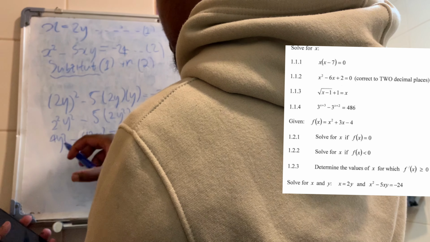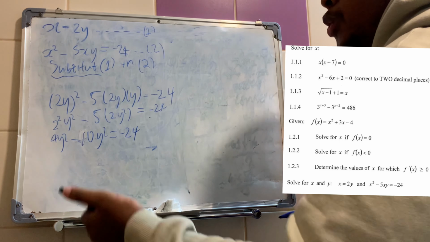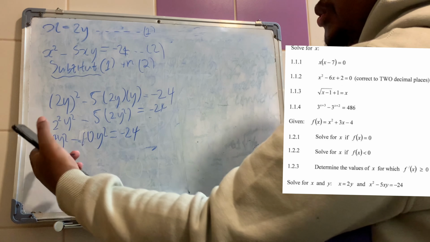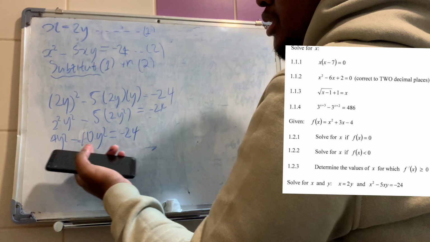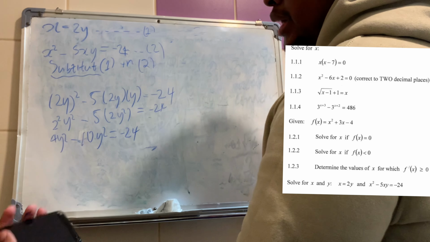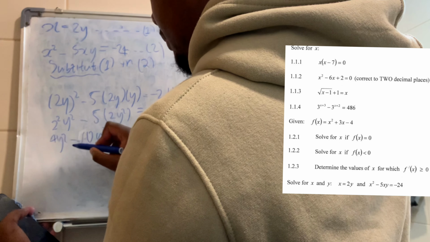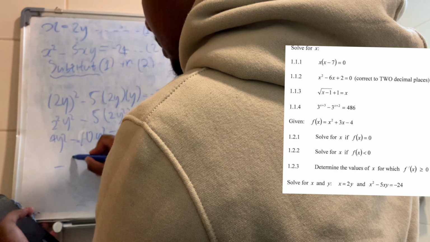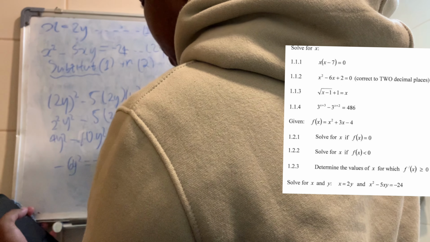Since these are like terms, you either add or subtract depending on the sign. So you get minus 6y squared equal to minus 24.